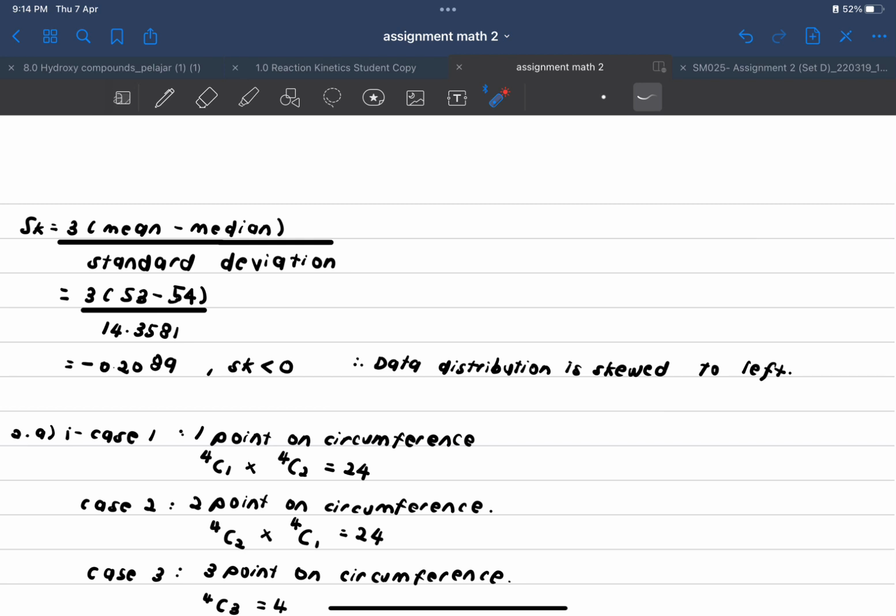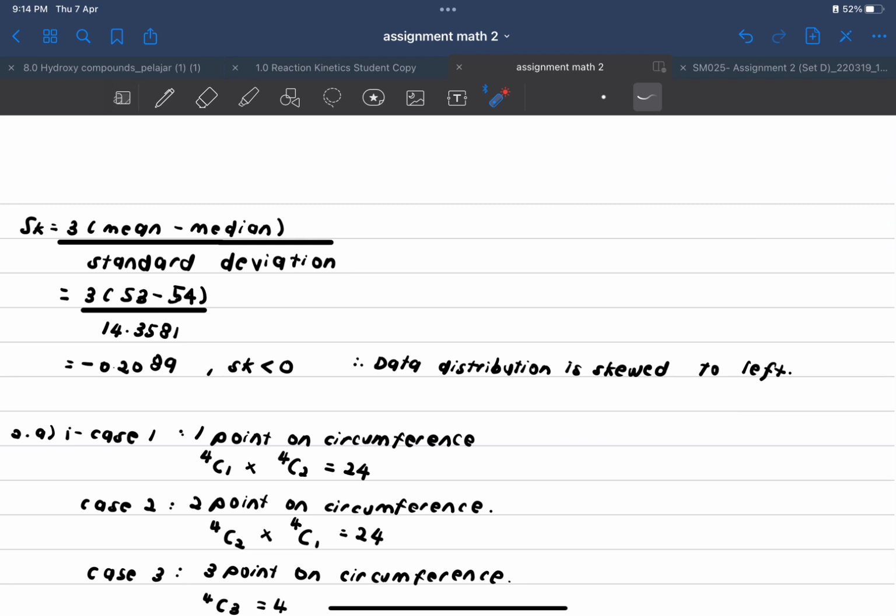Now we go to the next question, which is we need to determine the shape of the distribution of the plants' height. For this question, we will use the formula of SK. SK equals 3 times (mean minus median) divided by standard deviation. We use this formula because we already have the value of mean, median, and standard deviation.